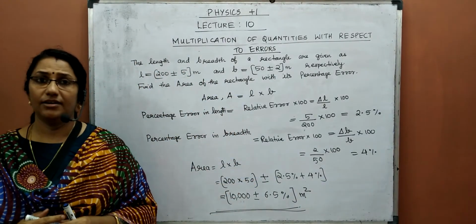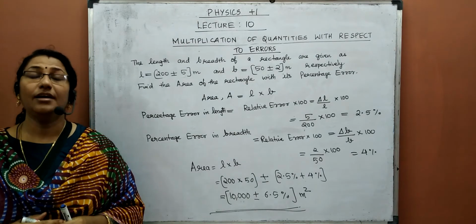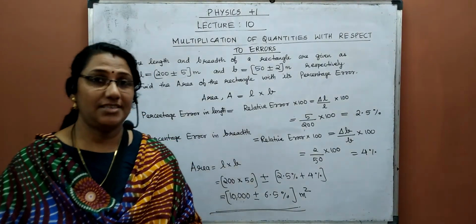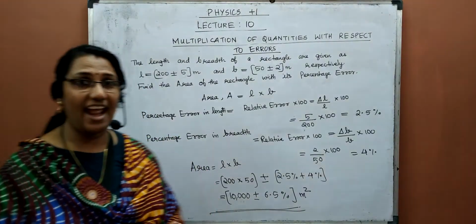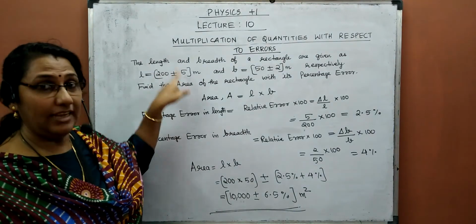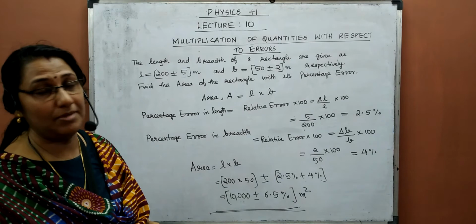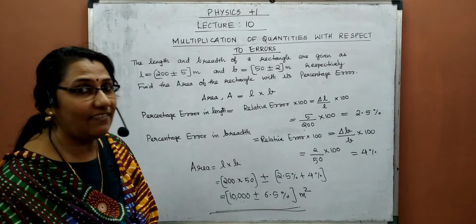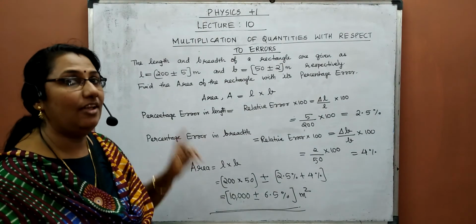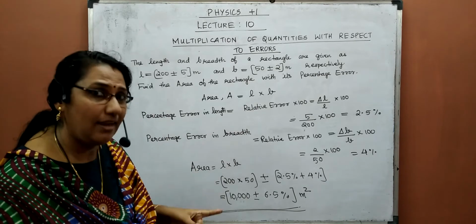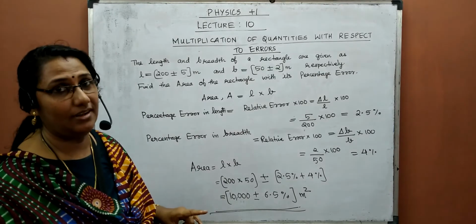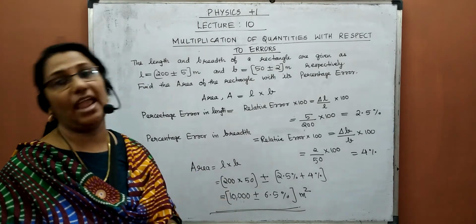Is it clear? Did you understand how to take the errors when two quantities are multiplied together? We never add the errors directly. In addition and subtraction, we may add 5 and 2 directly. But in multiplication, we never add the 5 and 2 directly. We have to take the relative and the percentage error, then they have to be added.